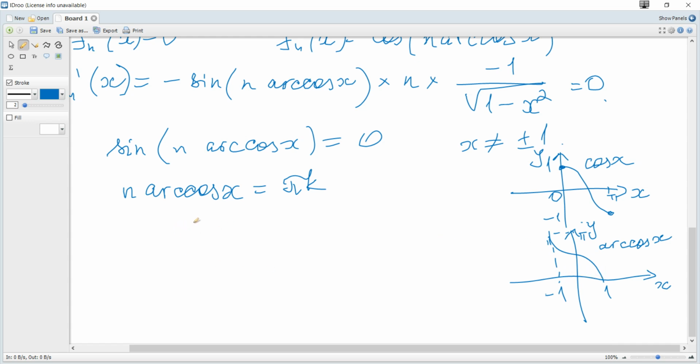The range for arc cosine is strictly greater than 0 and strictly less than pi, because x cannot be plus or minus 1, so endpoints must be excluded. So n arc cosine is positive, so pi k also must be positive. So k is a positive integer.